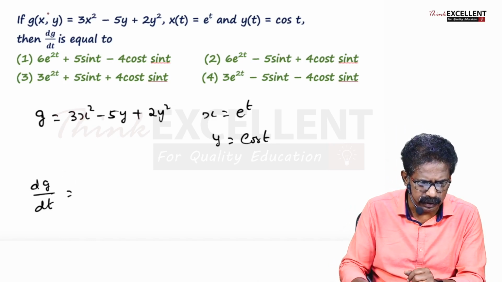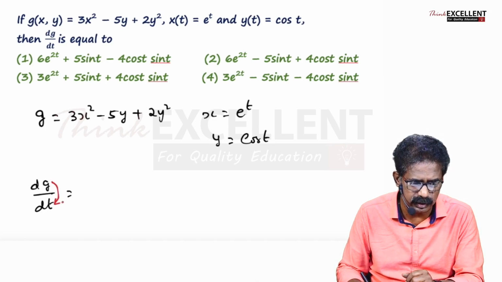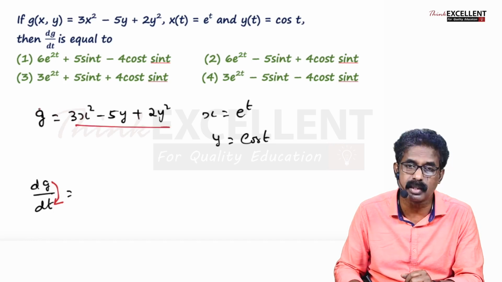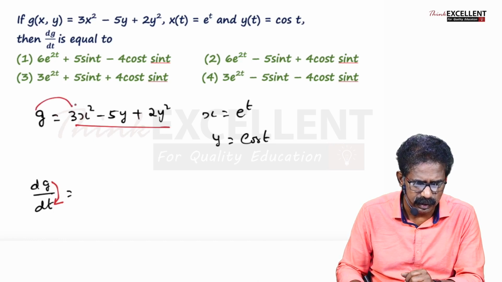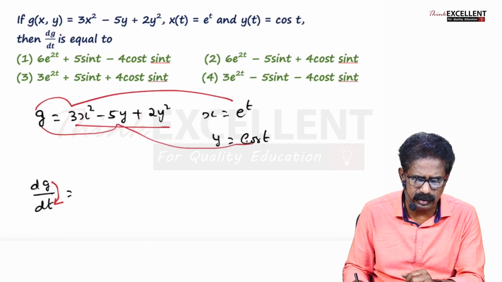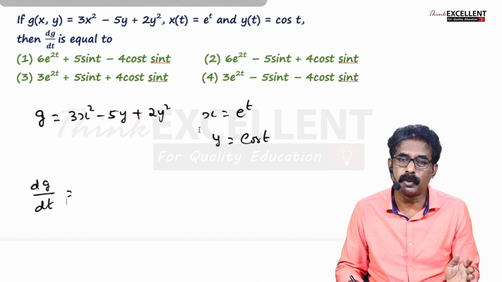But you remember like this: g to t, you have to start from g and reach t. So g to t directly is not there, right? So how can you reach t? g to x, x to t, or g to y, y to t, right? So there are two ways. Remember, 'or' means you put plus.